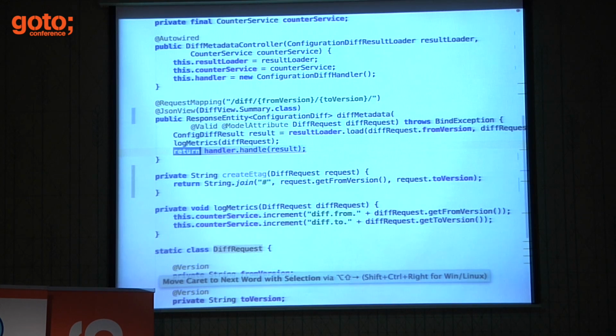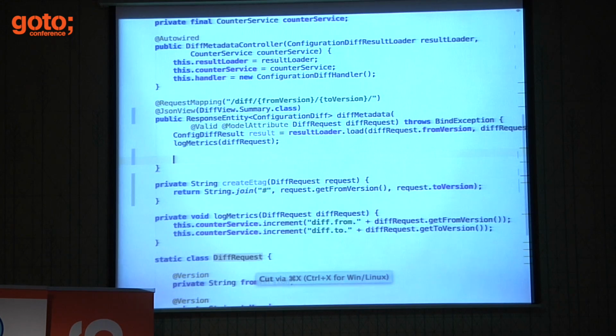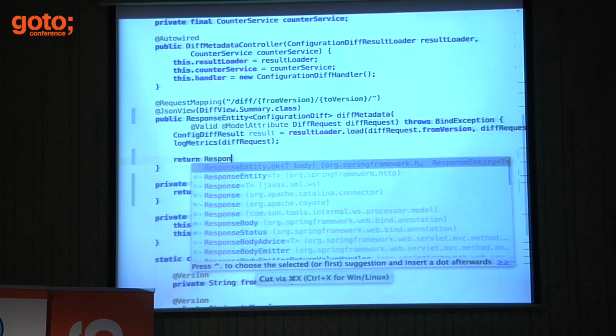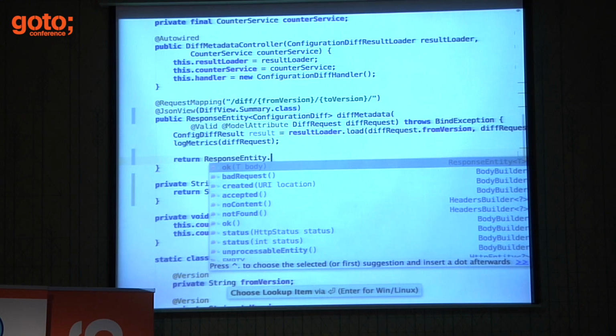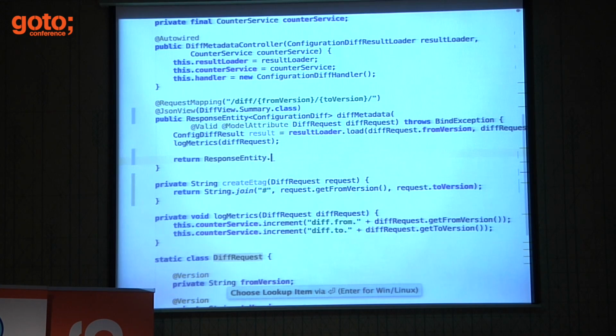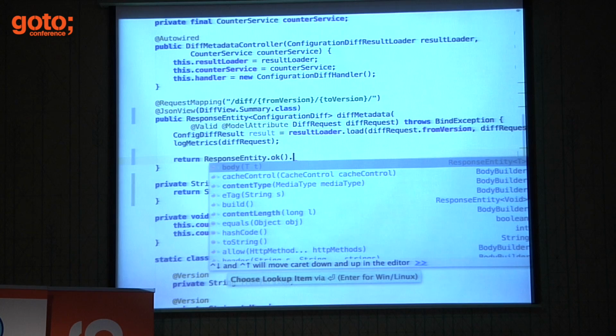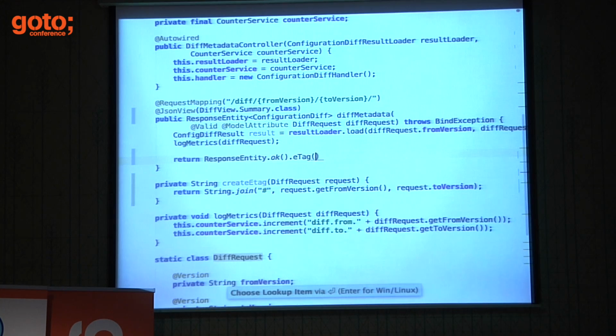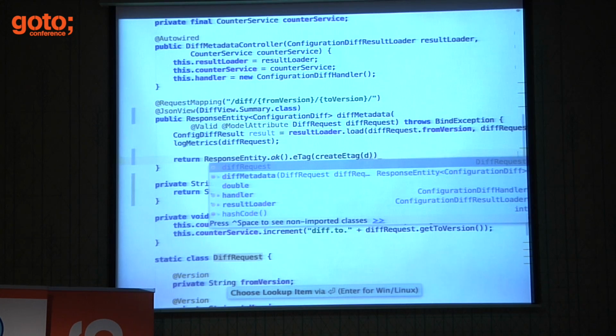So here, what we can do is return a response entity, and we want to say it's okay. We want to add an ETAG on it, and we can create that ETAG with the diff request.